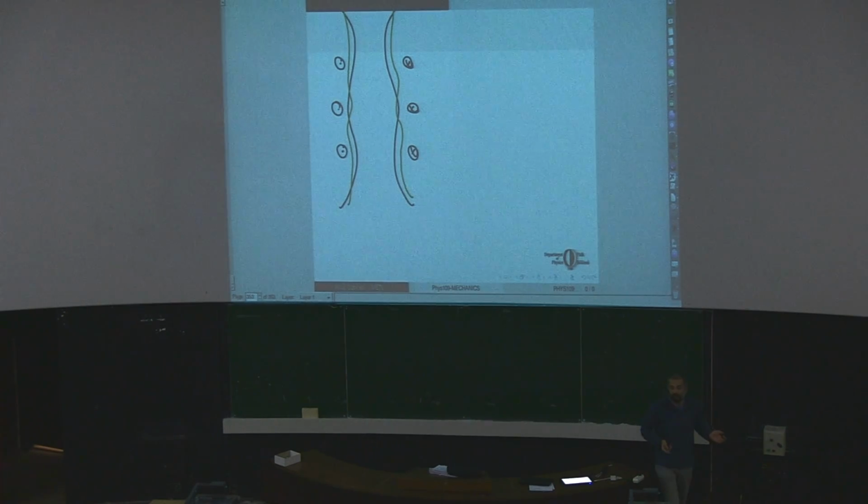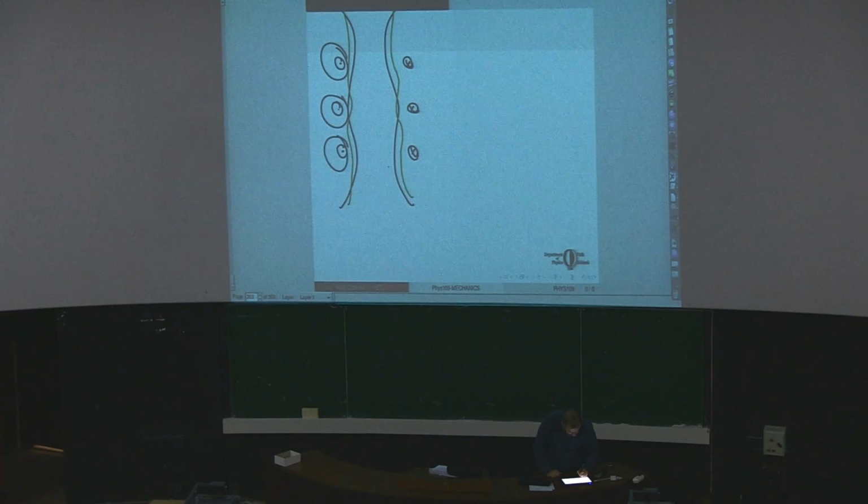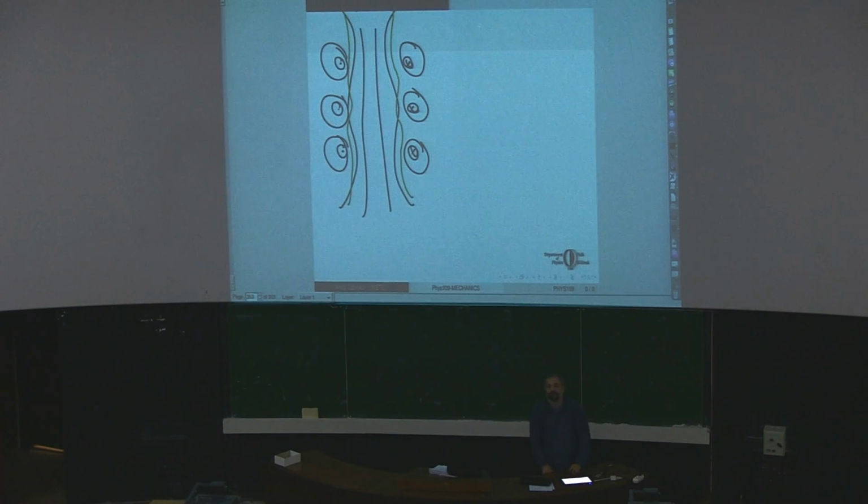Some of them manage to get out, so that we still have ring-like magnetic field lines, in a sense. But nevertheless, there will be these magnetic field lines in between which will be just straight. Almost straight. There will be very small deformations.